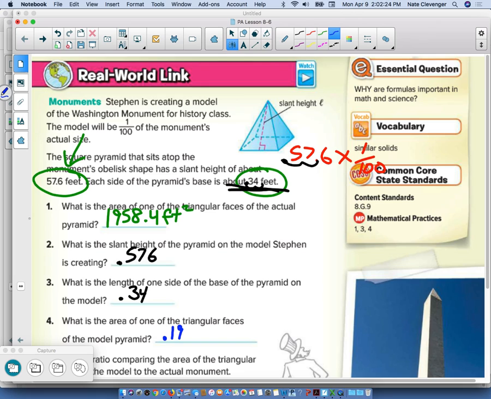Wait a minute. So it's 0.19584. Yeah. On the length of our slant height of the model, we moved our value over 2 places to get the decimal in the correct spot by dividing it by 100.